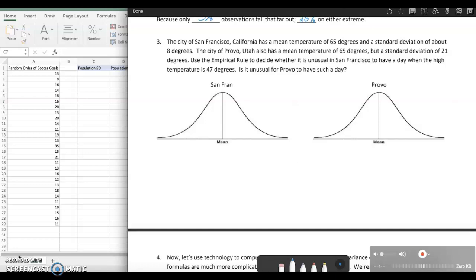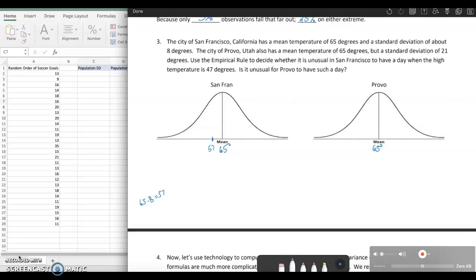So both of them have a mean of 65 degrees, so that's right in the center. Now, we're looking for 47, so I'm not going to worry about marking off in the positive direction. I'm only going to go in the direction that I need. So I'm going to mark 1 standard deviation backwards. If I do 65 minus 8, I land at 57, so that's this mark.